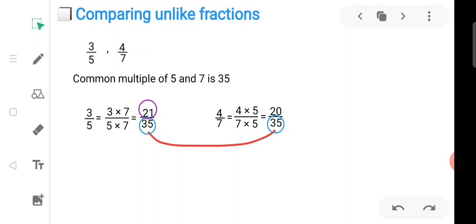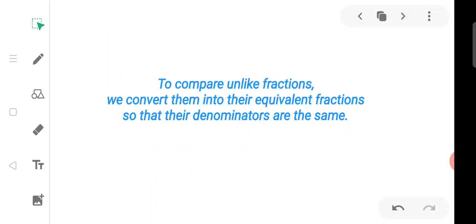So the fraction 21 upon 35 is greater than 20 upon 35. So for comparing unlike fractions, first we need to convert them into equivalent fractions so that their denominators are the same.